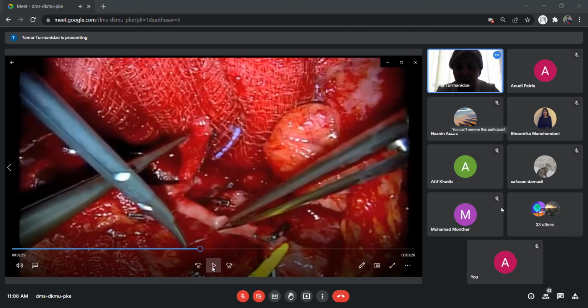Some years later, Morozov did this method on the vessel and made some changes, as I have told you. He thought that it is enough to apply two fixation stitches instead of three, and that is why this method is called Karel-Morozova's method. So that is why two fixation stitches are applied in this procedure.